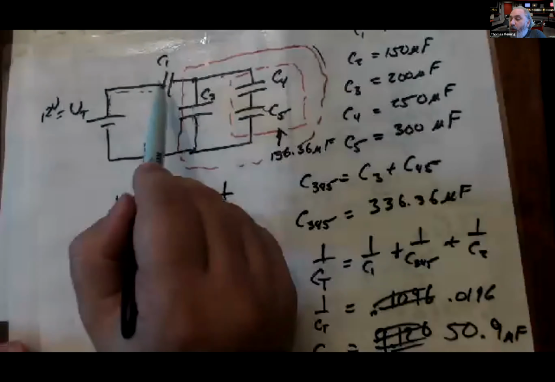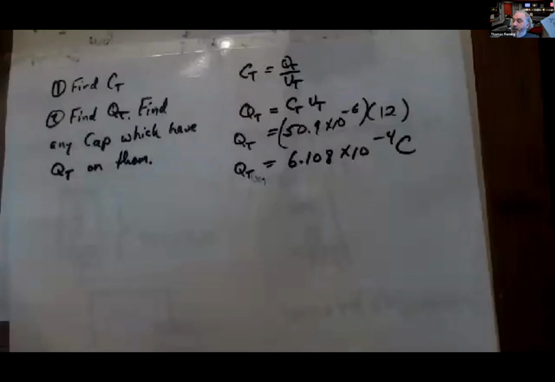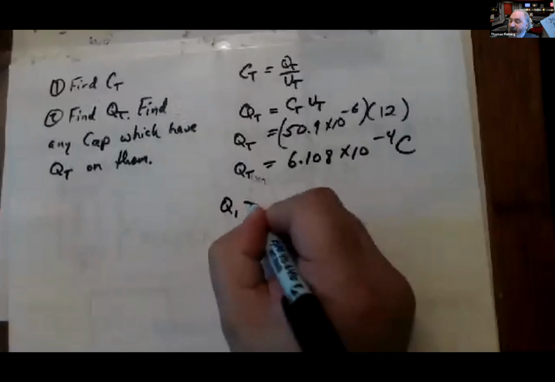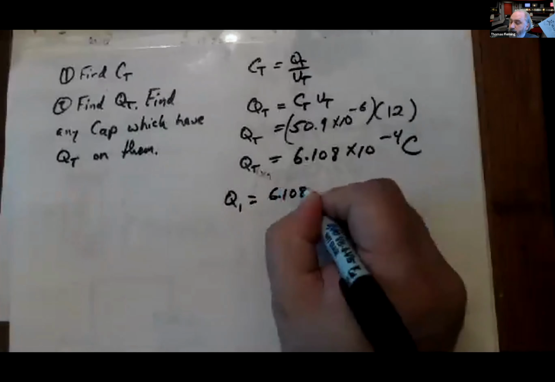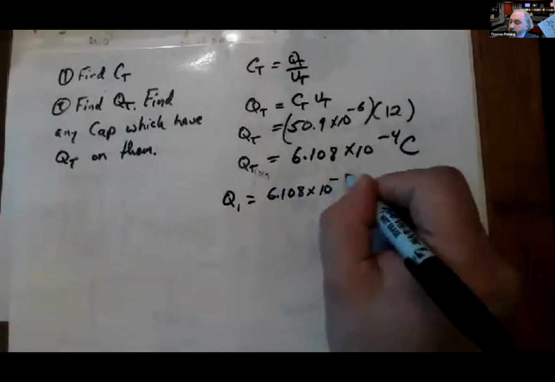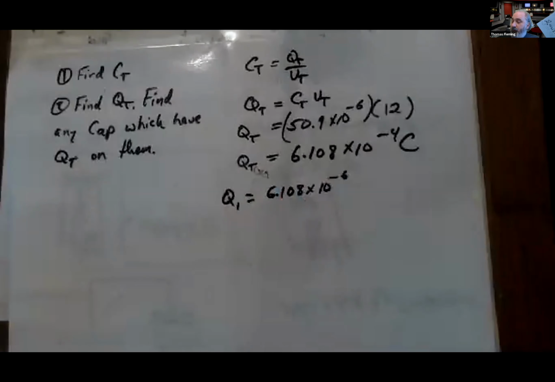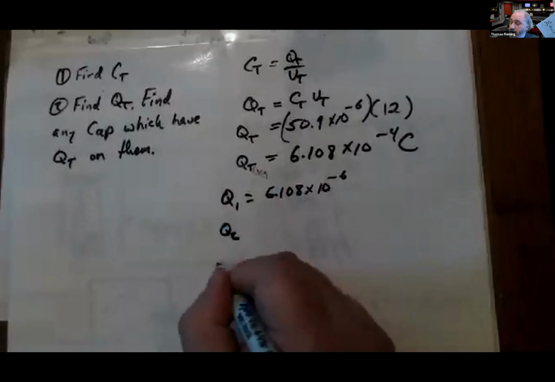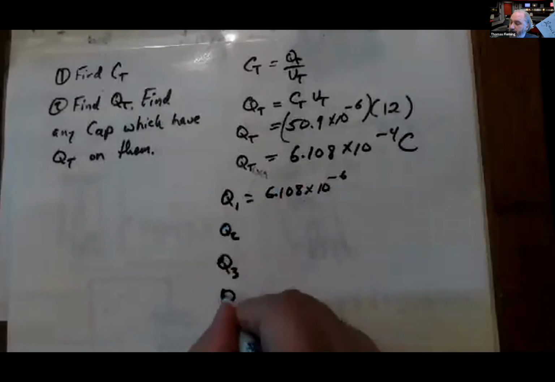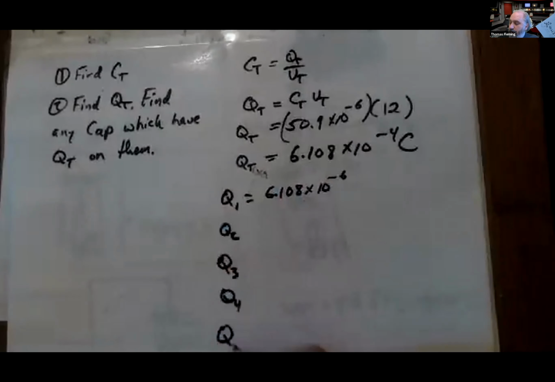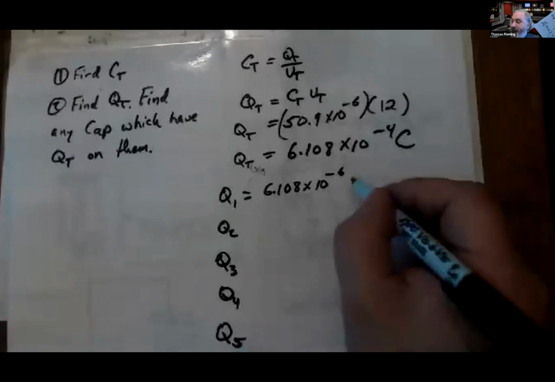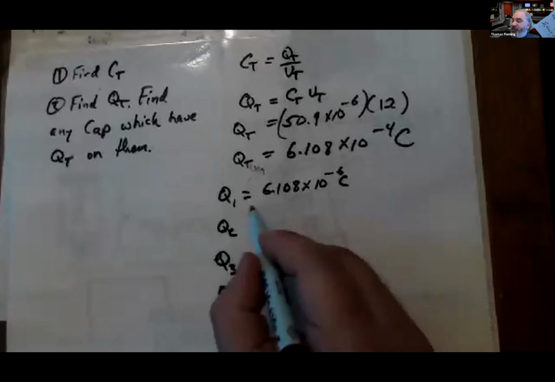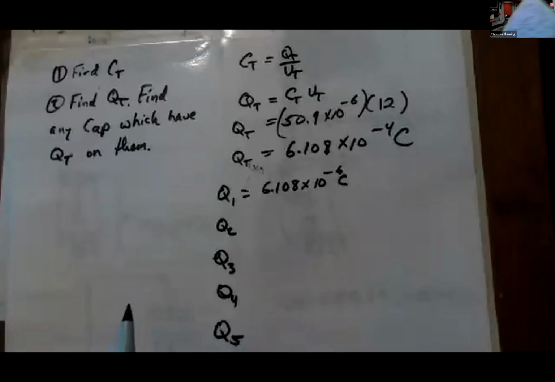So I already know that Q1 has to equal this. Now Q2, Q3, Q4, Q5, those all may be different. But I know that everything coming out of the battery has to go through capacitor 1.